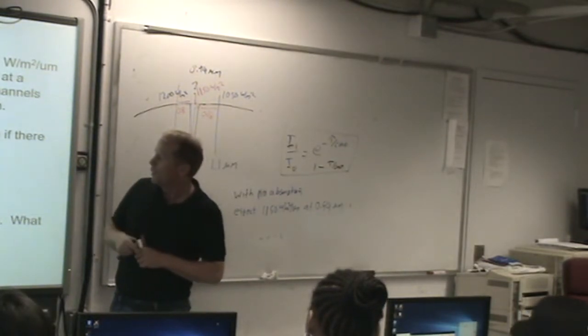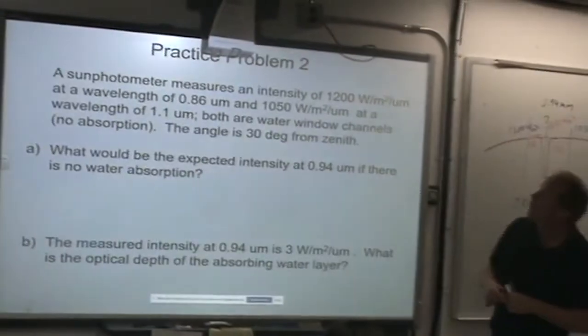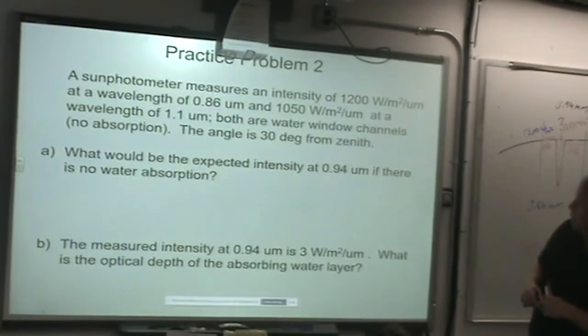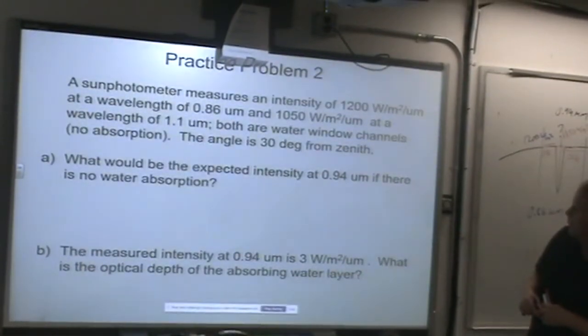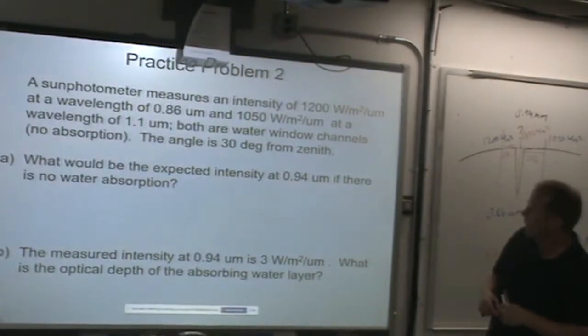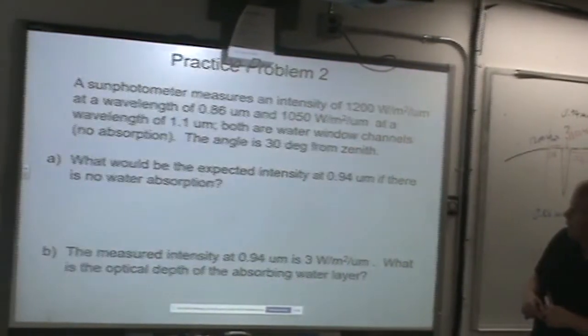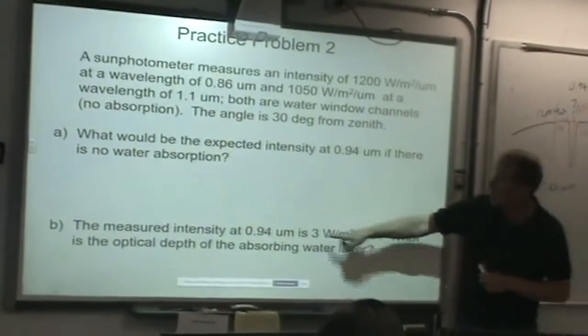But we measured 3. Wait, that's it? That's absurd. No, that should have been 300s. I don't know why we have a 3 there. Okay, let's change that to 300s.